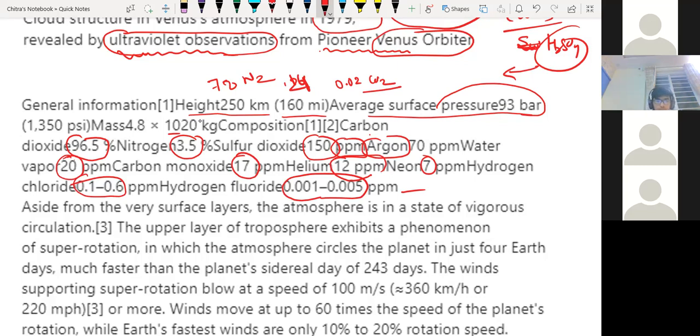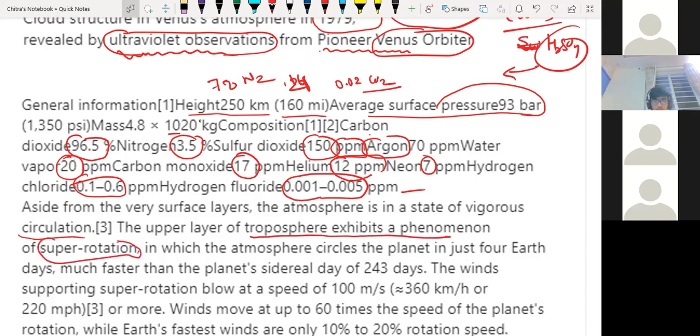Aside from the very surface layer, the atmosphere is in a state of vigorous circulation. The upper layer of the troposphere exhibits the phenomenon of super rotation.